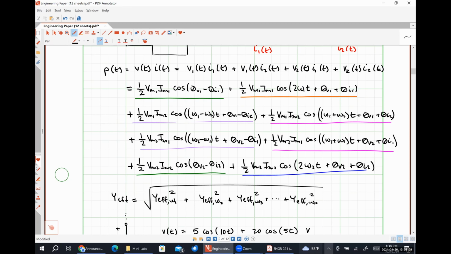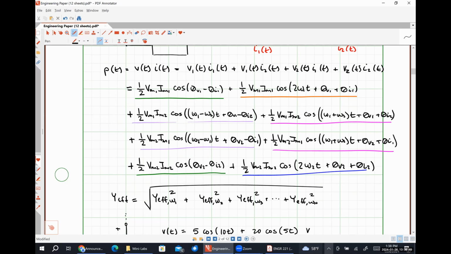So if you watch the video on analysis of multi-frequency circuits, you would know that you have to use superposition to analyze a multi-frequency circuit, because the impedance can't have 2 different values at the same time, right? So each frequency, every circuit component will have its own associated impedance.